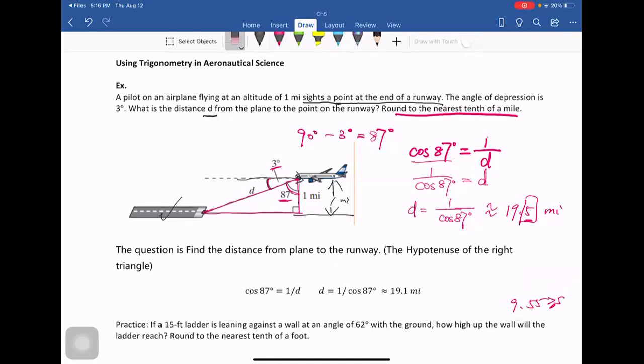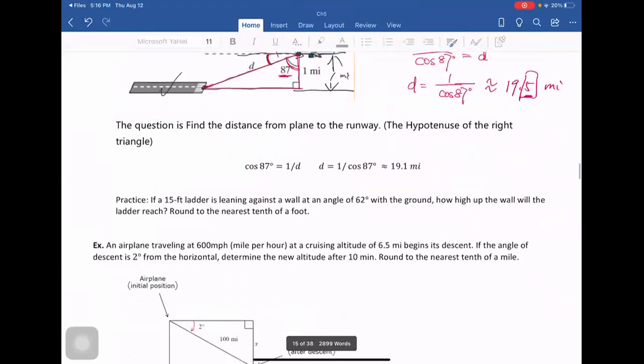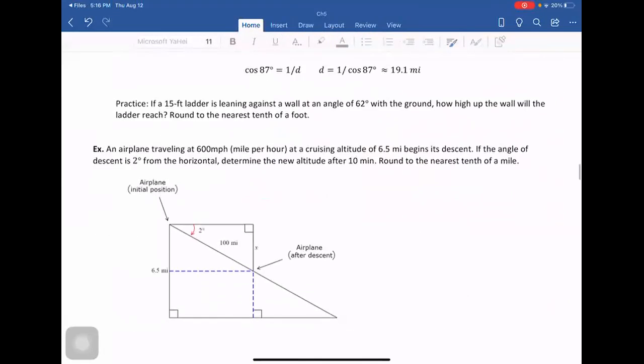Okay, let's move on to see another example. Please practice the question by yourself. If you have any question, please let me know. This example question: an airplane traveling at 600 miles per hour at a cruising altitude of 6.5 miles begins its descent.